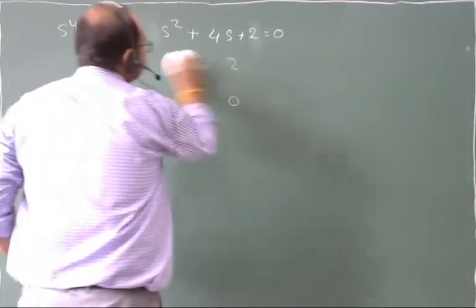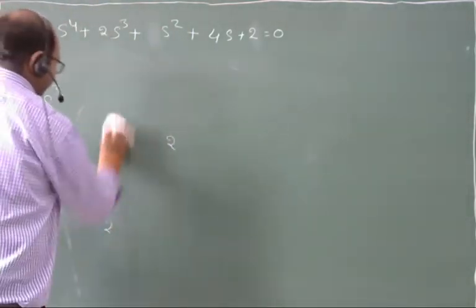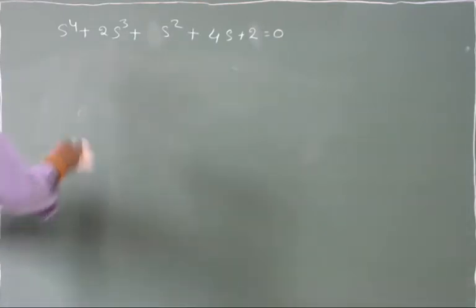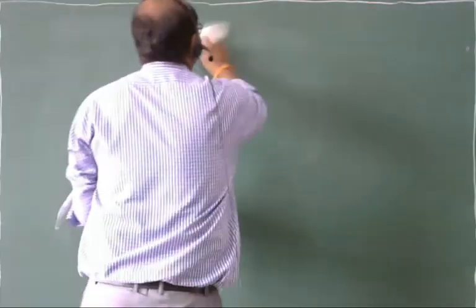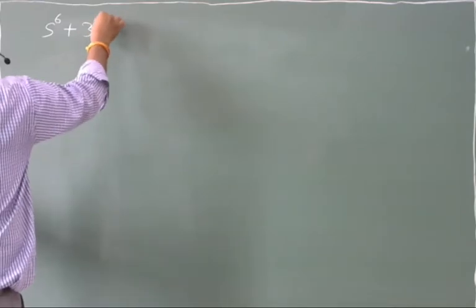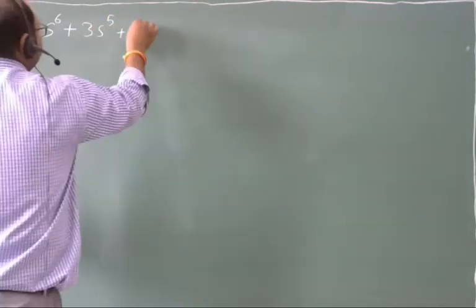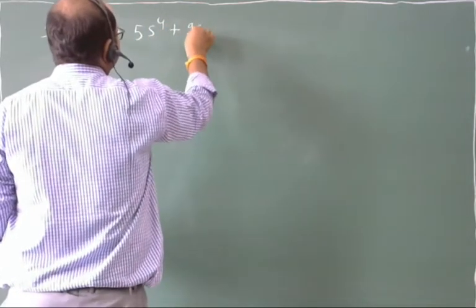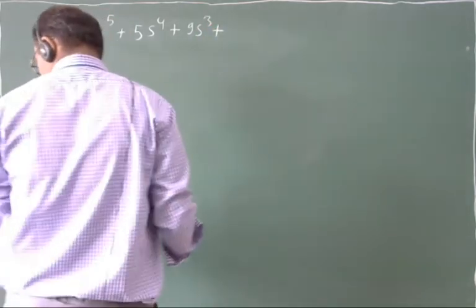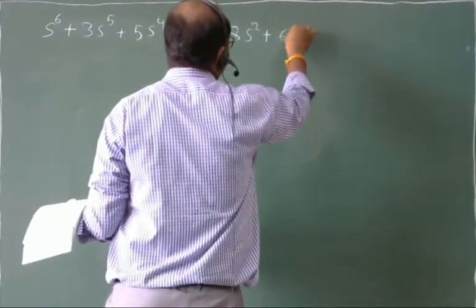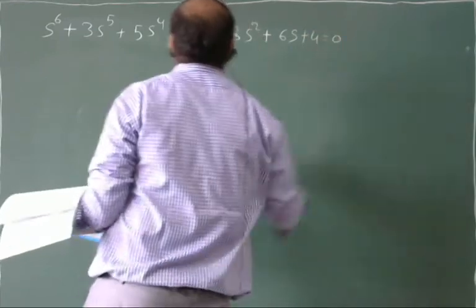Next, S power 6 plus 3 S power 5 plus 5 s power 4 plus 9 s cube plus 8 s square plus 6 s plus 4 is equal to 0.